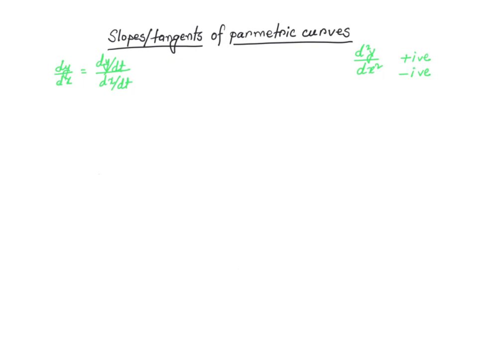So we already know that dy over dx is equal to dy over dt over dx over dt. Now, what if we were to do this? This y, if we were to replace y by dy over dx, then what happens? On the left-hand side, you're going to get something like this, d over dx of dy over dx.